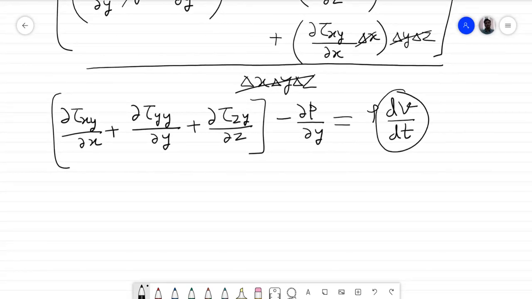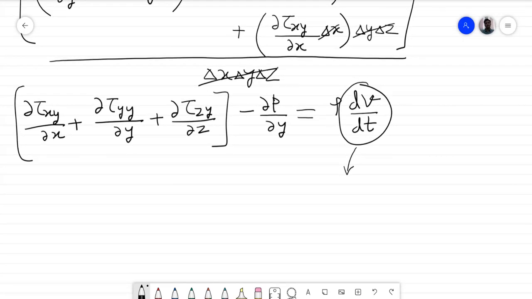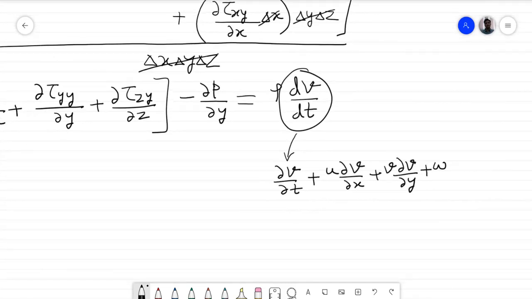Now if we expand this, you may remember this from the last class where we discussed the relationship between partial and total derivatives. This can be written as dou v by dou t plus u dou v by dou x plus v dou v by dou y plus w dou v by dou z.